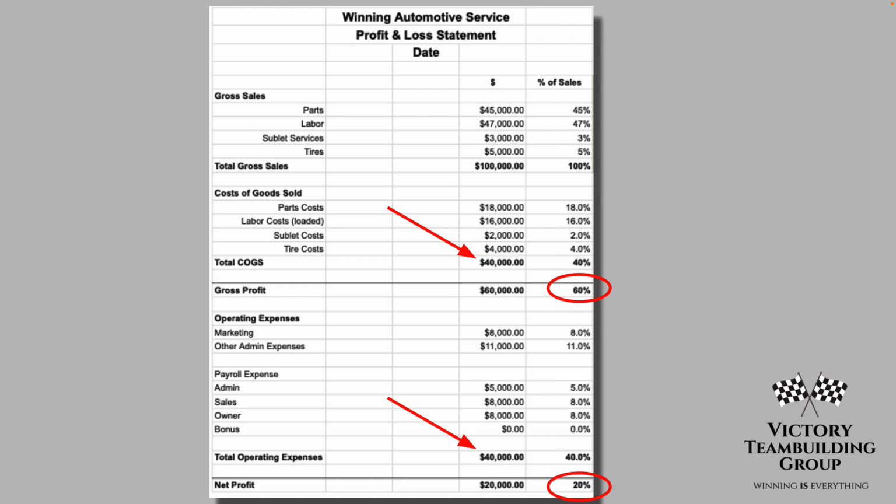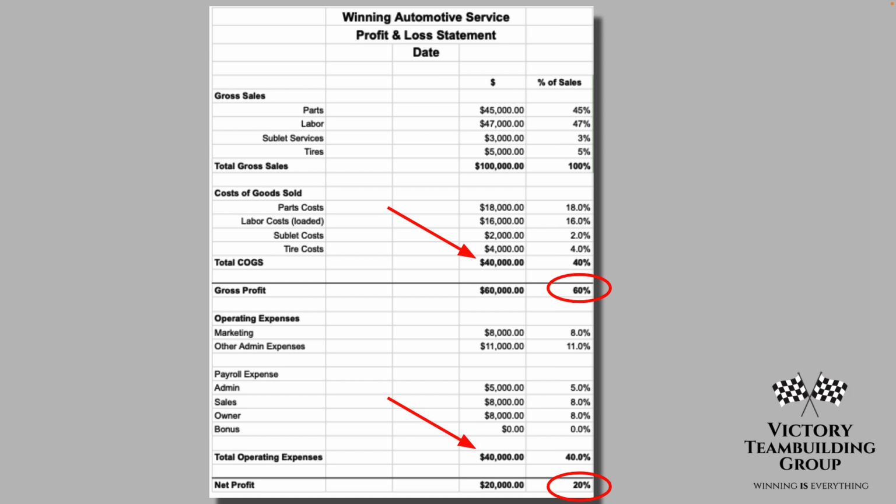It leaves us with $60,000 minus the $40,000 in operating expenses. Now we have $20,000 in net profit. And as in our example above, you take the $20,000 divided by the $100,000 in sales, and you get a 20% net profit margin.